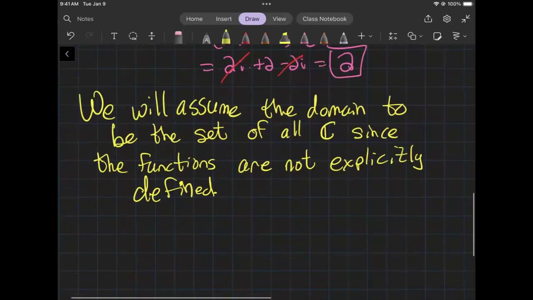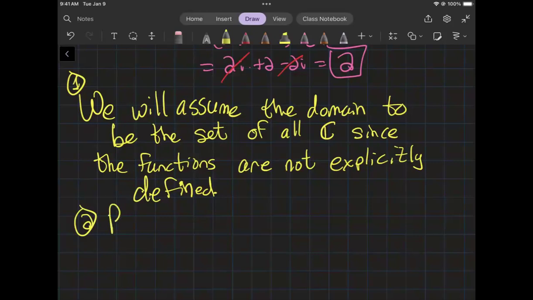For the most part, we're going to be assuming the domain to be the set of all complex numbers, right? Since our functions are mapping a point in 2-space into another point in 2-space. So you'll have functions that are not explicitly defined.